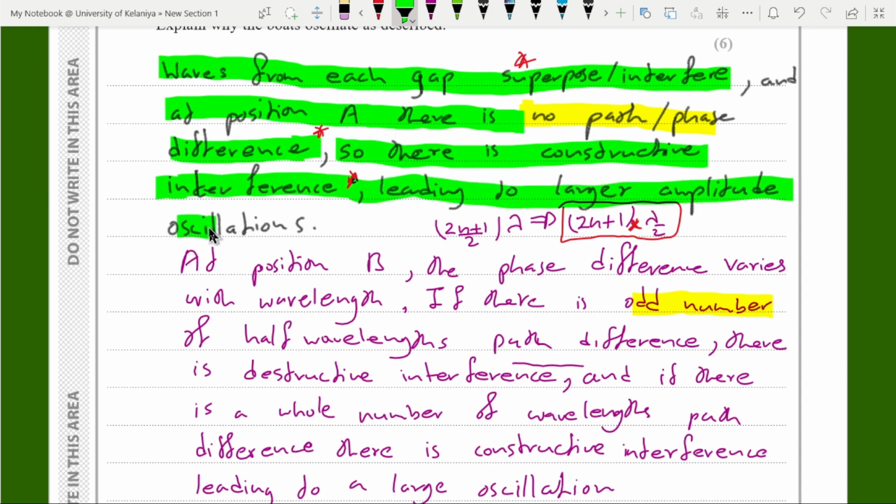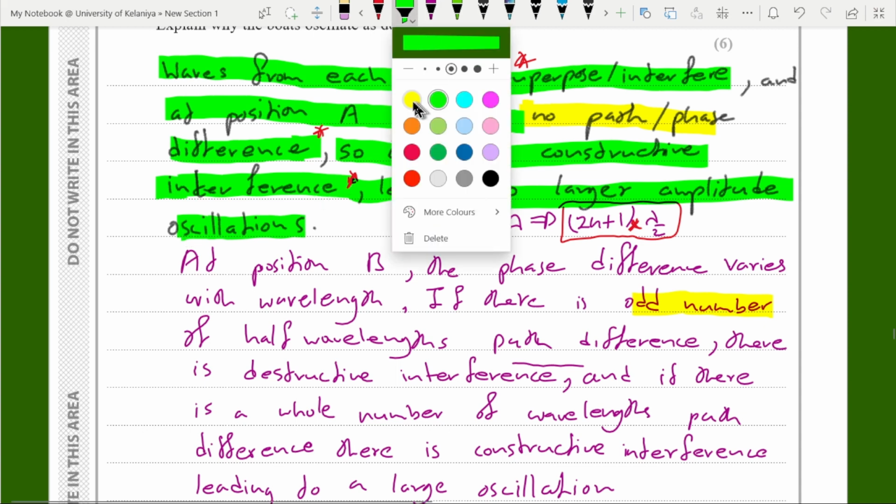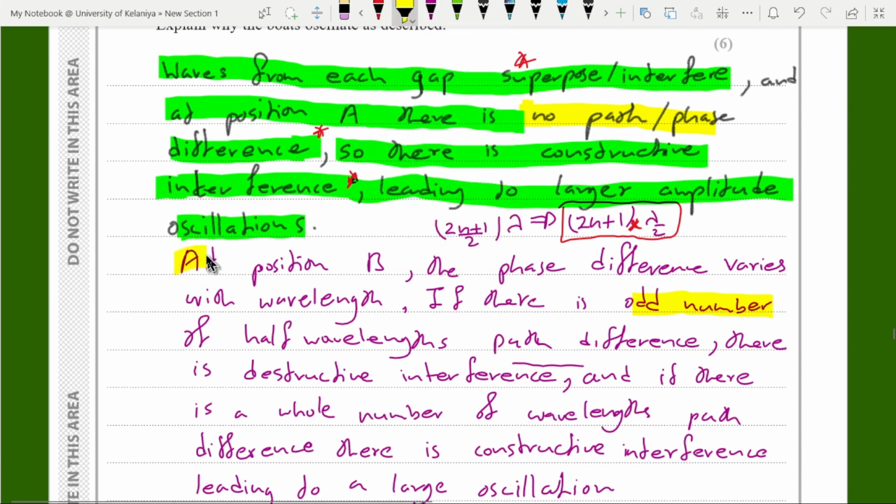This is for position A. I'll mark it in red and yellow. And for position B, the phase difference varies with wavelength. To mention this one, they recognize it as another point.